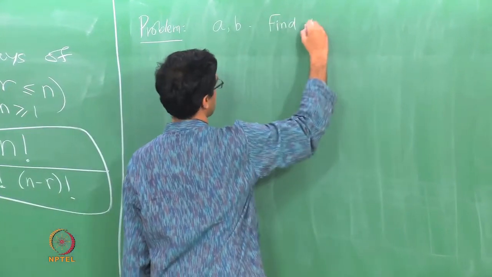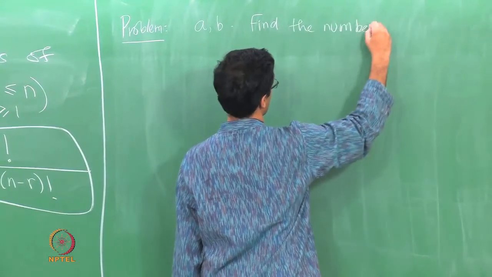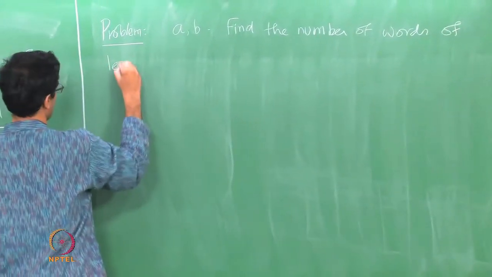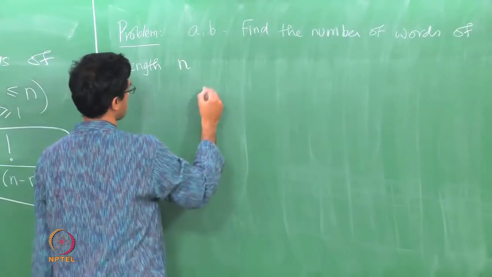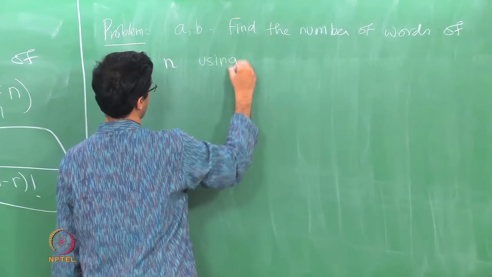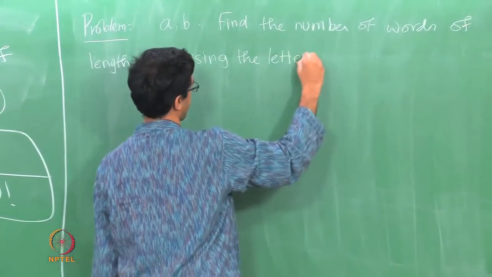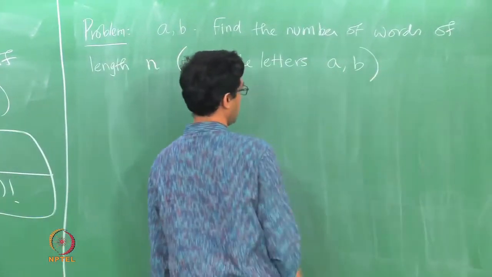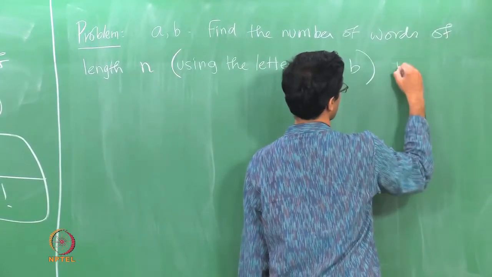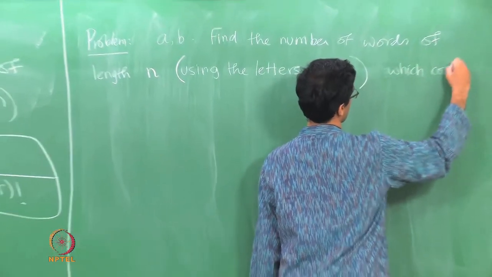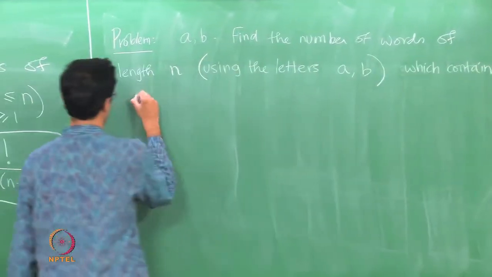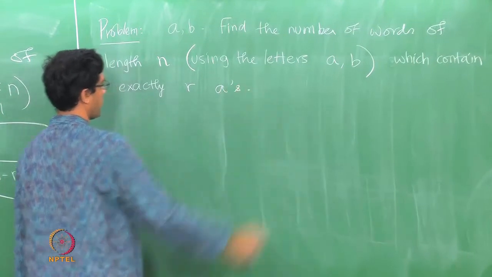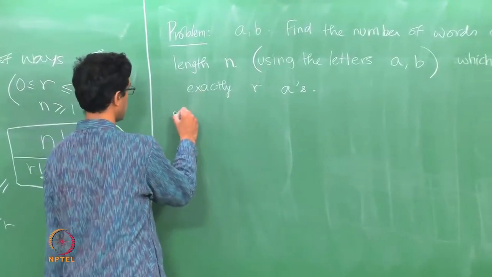So find the number of words of length n which only use the letters A and B, and we are given some further conditions, such as which contain exactly R A's, R occurrences of A. So to get a sense of what this means, let's take an example.